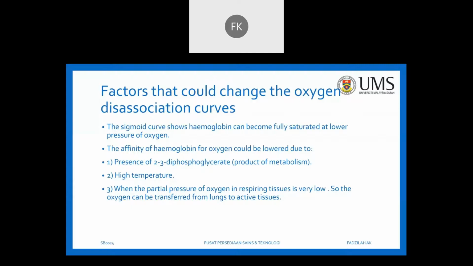High temperature. 3. When the partial pressure of oxygen in tissue is low. So the oxygen can be transferred from the lungs to the active tissue. Usually this happens when you are involved in activity like sport, or you are doing something active. Okay, when you do something active, that could change the oxygen dissociation curves.